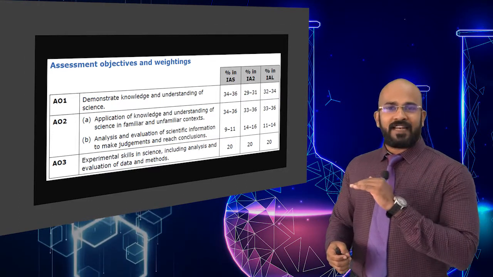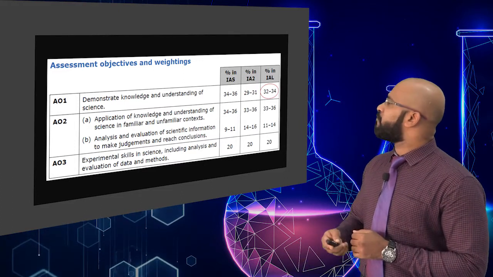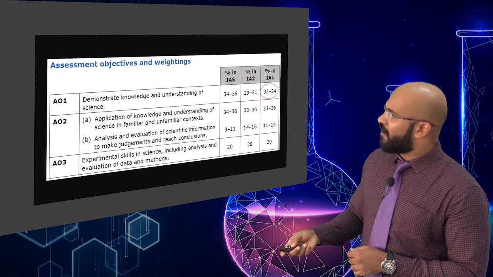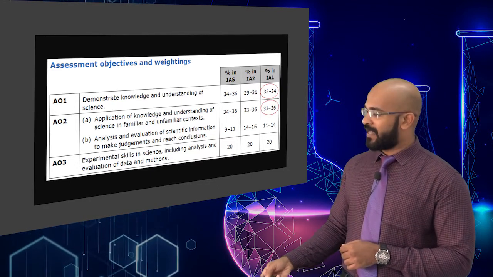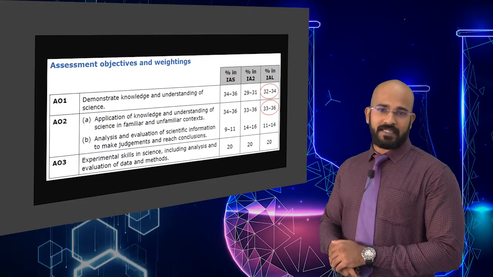The understanding level questions cover 32 to 34% in A-level chemistry. More weightage is given to application level questions. You can see 33 to 36%.